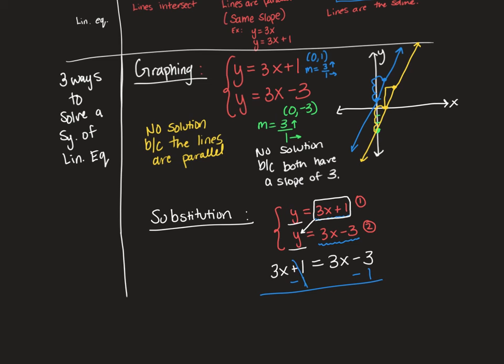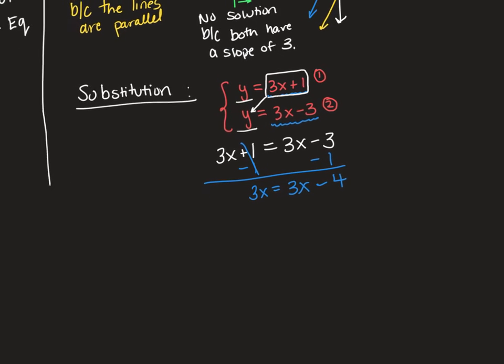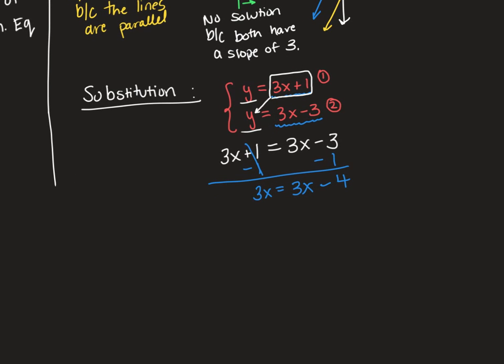This zeroes out. You're left with 3x equals 3x. Negative 3 plus negative 1 is negative 4. Sorry guys, I'm going to move this up now. So if we subtract both sides by 1, we end up getting 3x equals 3x minus 4. Now I'm going to move the smallest variable, so I'm going to move the 3x.